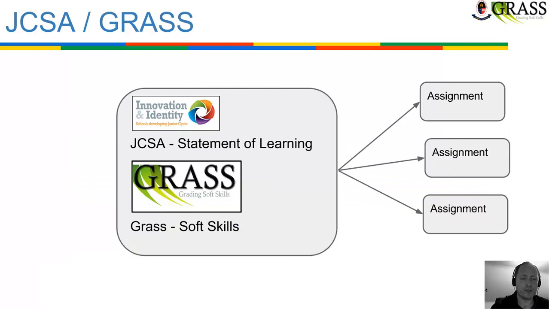With the new Junior Cert Schools Award and with the GRASS project, the focus in terms of the learning outcomes would now shift, as it would be required to look at how those learning outcomes were developed across a range of subjects. And the old model of having one assignment representing one learning outcome for one topic was no longer feasible.